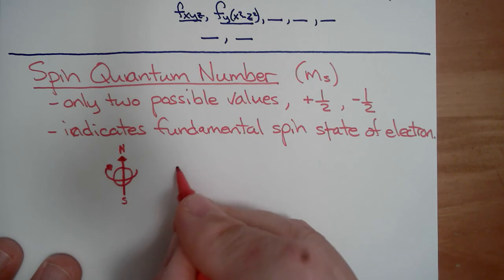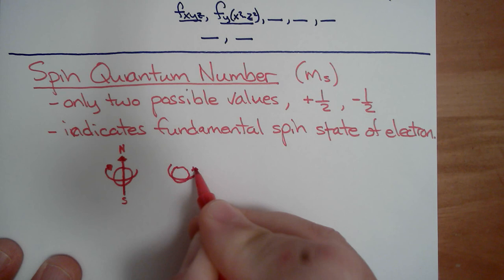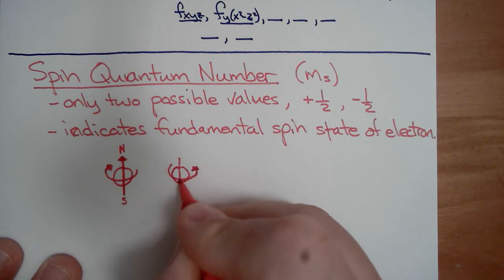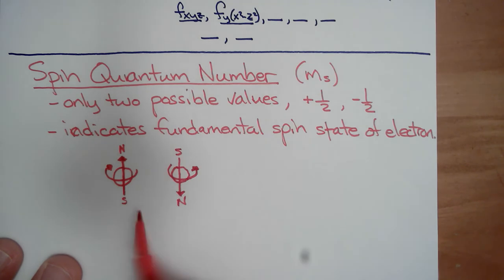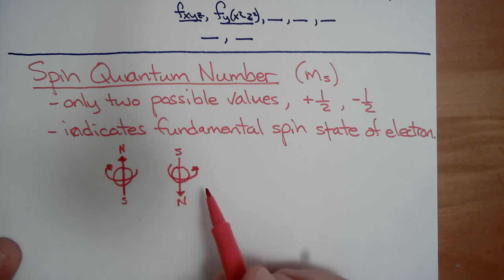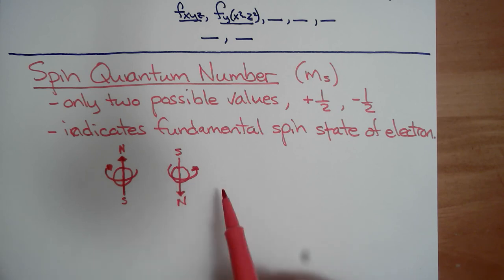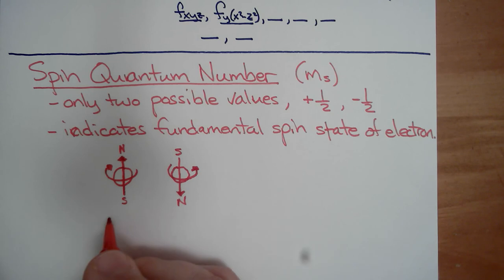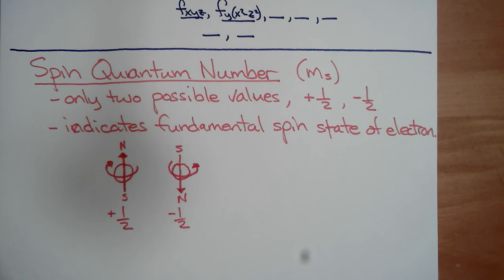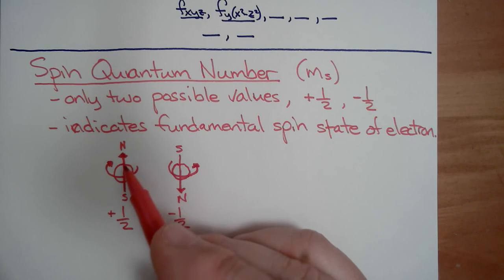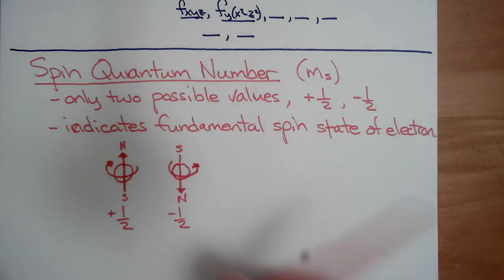And then the other electron would have a counterclockwise spin in the other direction, and we would have a magnetic spin in the opposite direction. So my north would be this way and my south would be this way. North and south magnets will attract each other, but if I turned both spins up, both norths would repel. So that's how we're able to get electrons in the same space. And this would be a positive 1/2 value and a negative 1/2 value. We use the same arrow designation when we put electrons into orbitals.